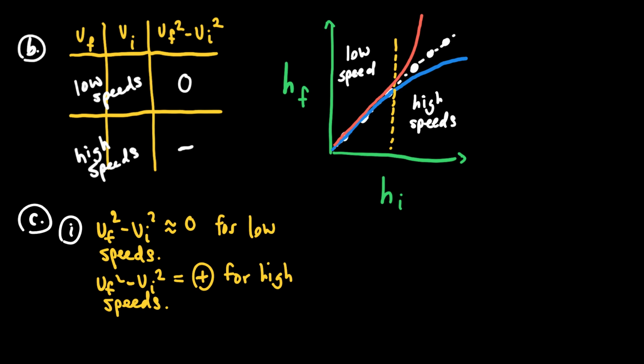Continuing on to our experiment that we've described on the right, where we're measuring the heights, I've essentially already gone through this. The graph would illustrate nearly elastic behavior for low-speed collisions if the graph of HF versus HI is linear for low speeds.